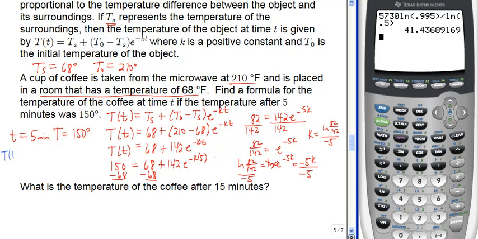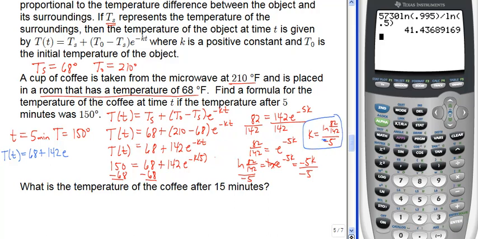The temperature at time t is the temperature of the surrounding air, which is 68, plus this temperature difference, that 210 minus 68, which will be 142. And now I know k, so I'm going to substitute it in. And notice here that you need to do e to the negative k, but this k right here has a negative in it in the denominator.